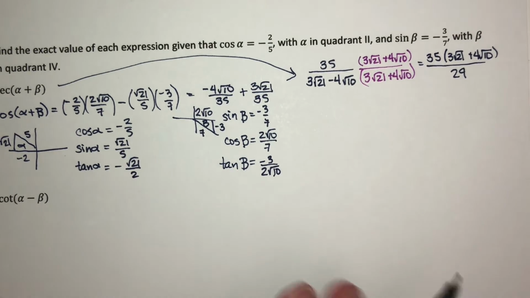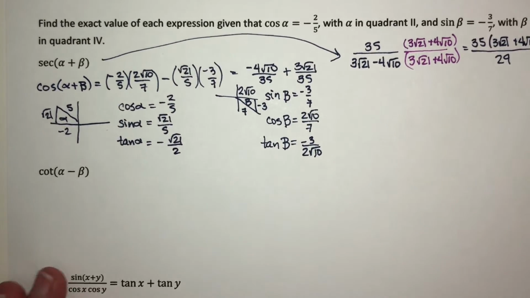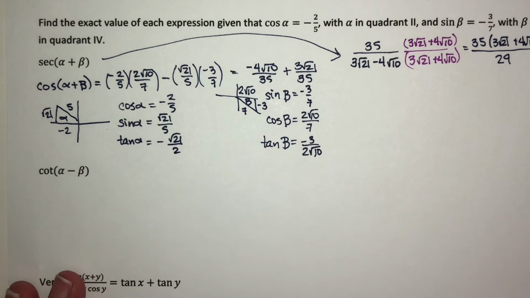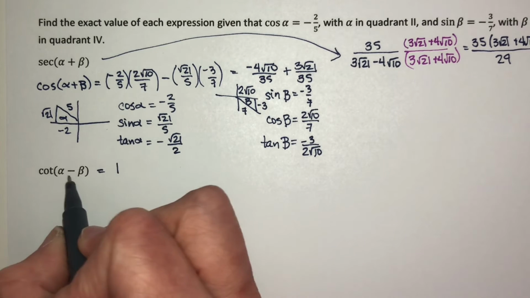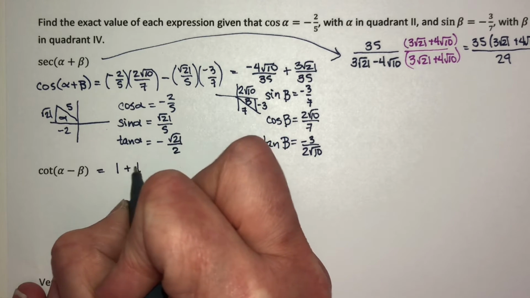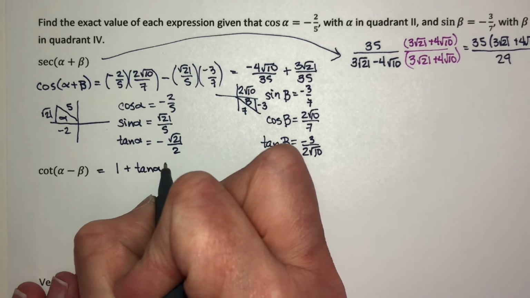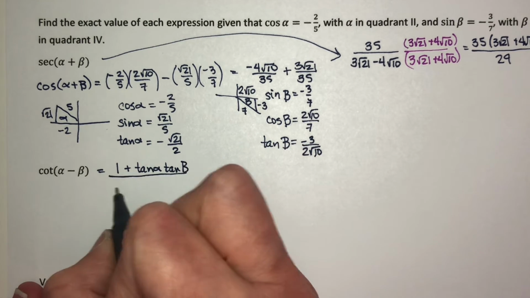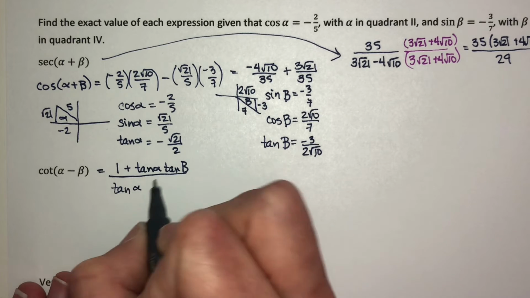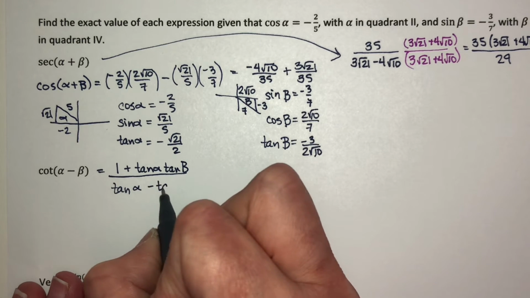So here, now let's do cotangent. And we can use simply the reciprocal of the tangent rule. So this is going to be 1, this is a minus, so plus tangent alpha, tangent beta over tangent alpha minus tangent beta.